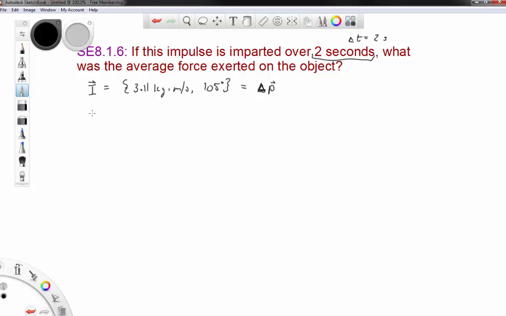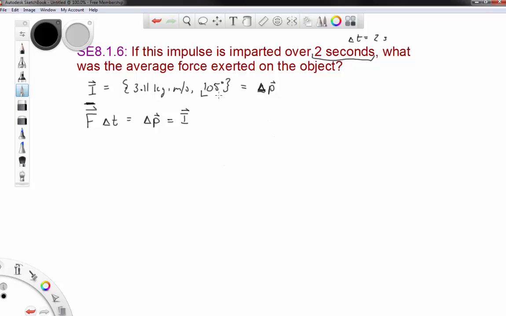We can write that the average force times the time is equal to the change in the momentum, or if you will, to the imparted impulse. So we don't really need the vector part.